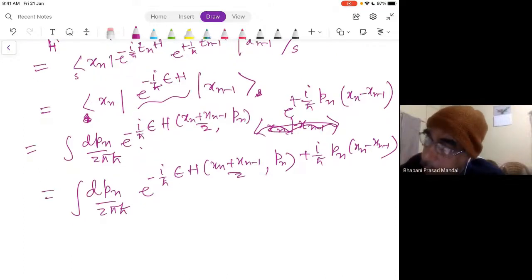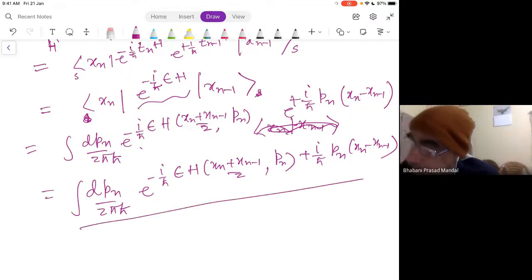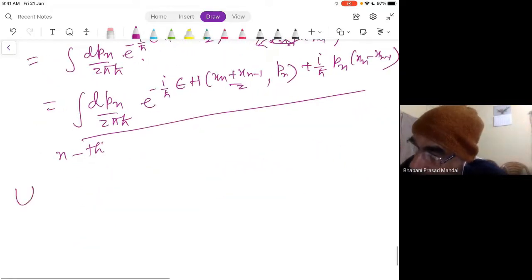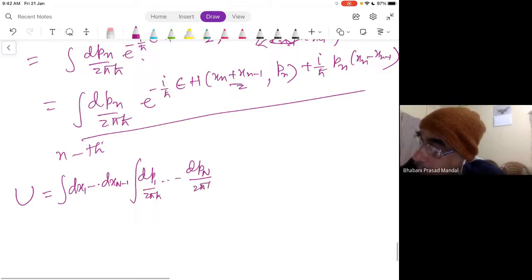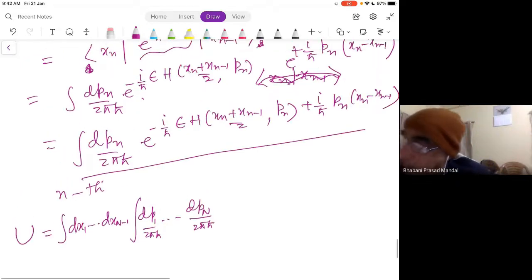So now this is only one nth inner product. So now what will be my U? Okay, remember U has integration x_1 to x_{n-1}. Now for each inner product there will be a p integration. How many p integrations? dp_1 over 2 pi h cut up to dp_n. Here it is n minus 1, it is n 2 pi h cut, and then I have the product of all this.